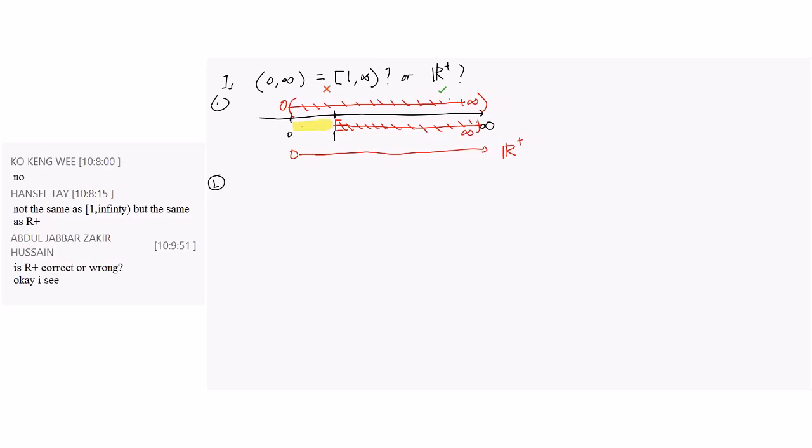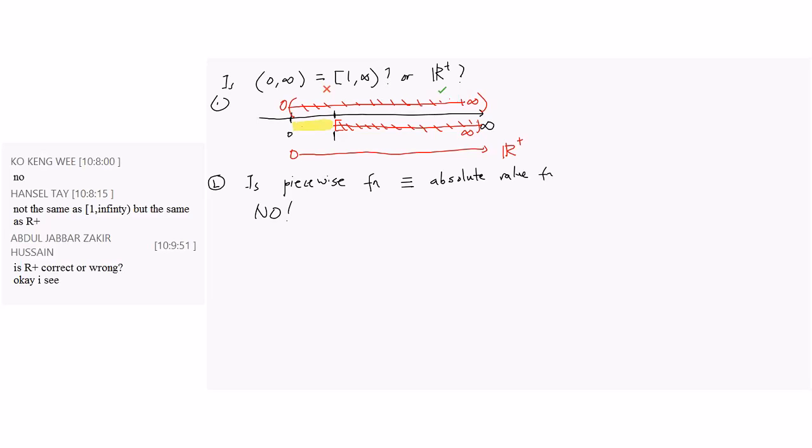The second question asked this: is a piecewise function the same as absolute value, or magnitude, or modulus? Is it the same as the absolute value function? The answer is no.